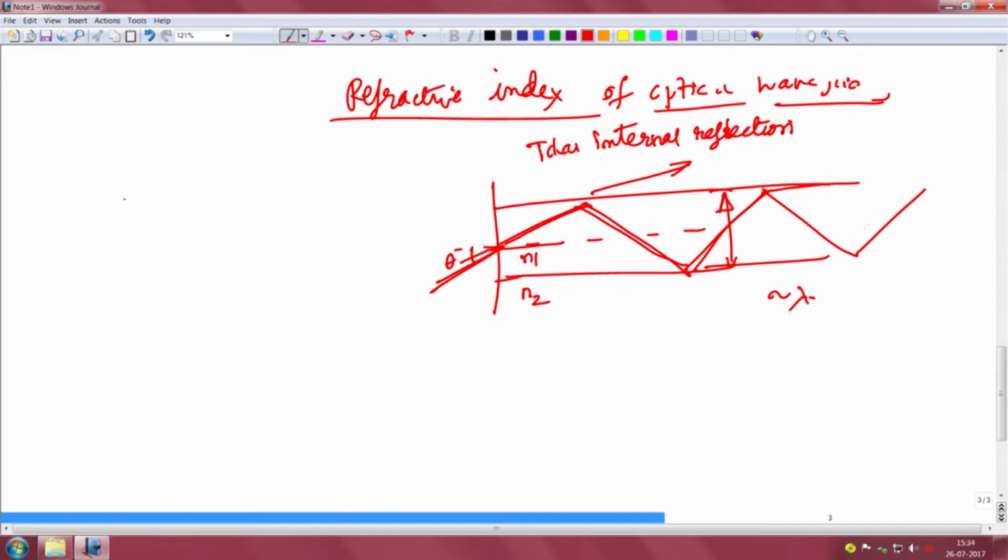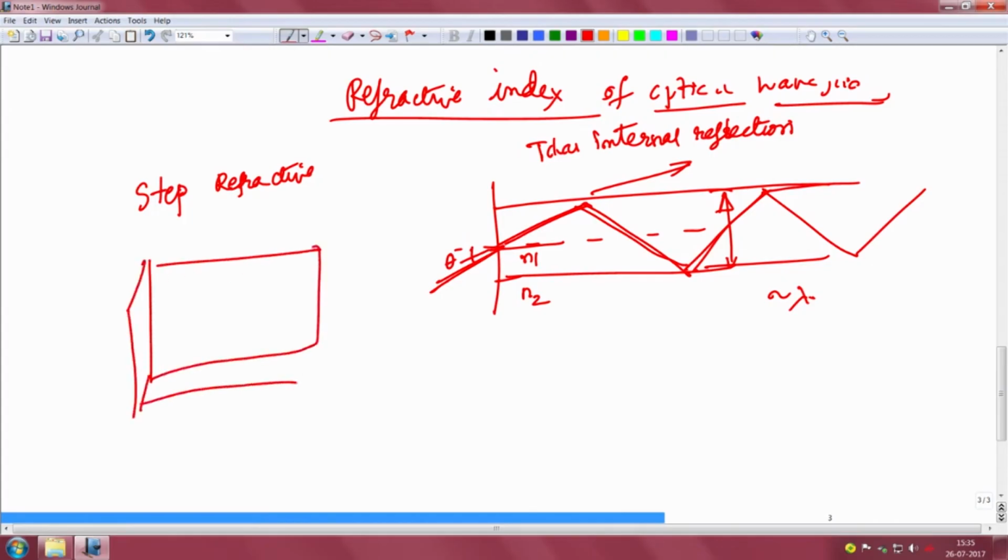Two important refractive index configurations that we can identify are called the step refractive index, which we have considered in the last two discussions, where the refractive index changes abruptly from one medium to the other. As a simple example, you can consider an optical waveguide where you have a thin layer of another medium of a higher refractive index compared to the substrate, and above is the air.